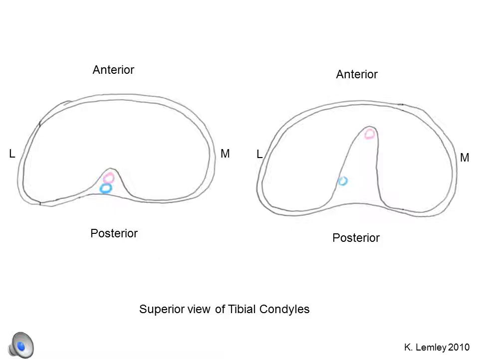As the intercondylar eminence develops, they separate further apart and the ACL attaches to the anterior intercondylar eminence, whereas the PCL attaches to the posterior intercondylar eminence. Also note here that the outer circle around the condyles is the fibrous joint capsule, whereas the inner circle is the synovial membrane. So you can see here that the ACL and the PCL are intracapsular but extrasynovial.